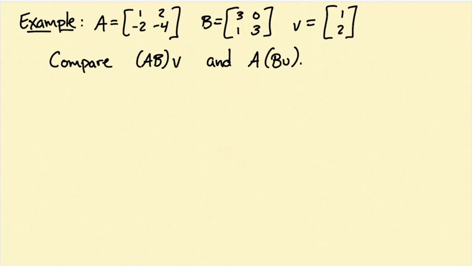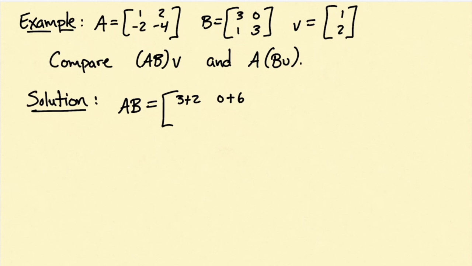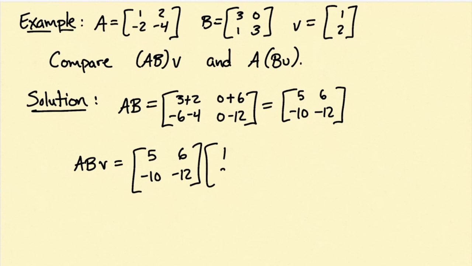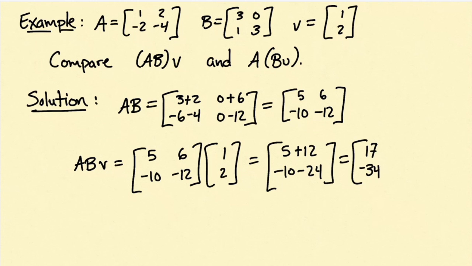So now that you've had a minute to try this out on your own, here's the solution. When we multiply A and B together, we'll get the matrix whose columns are 5, -10 and 6, -12. So when we multiply the vector V by the matrix AB on the left, we get the vector 17, -34.